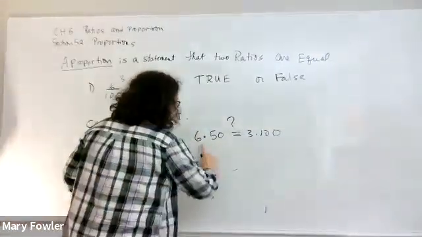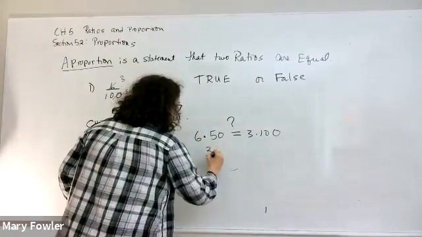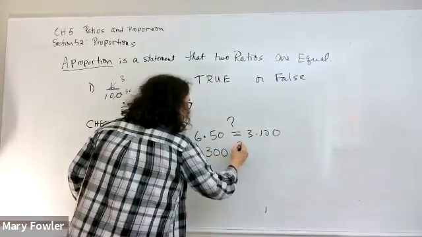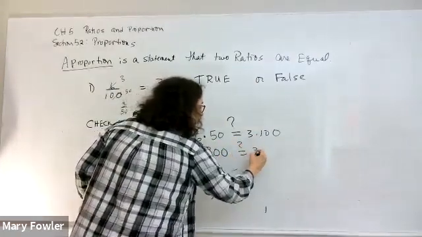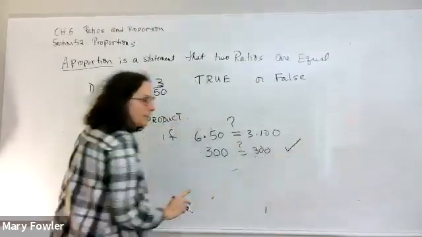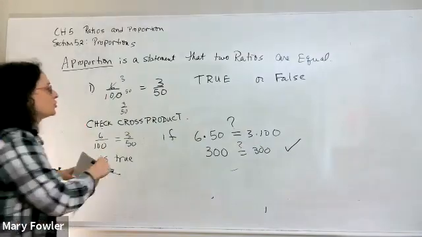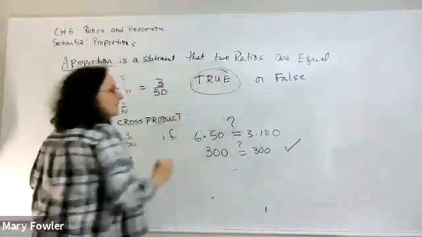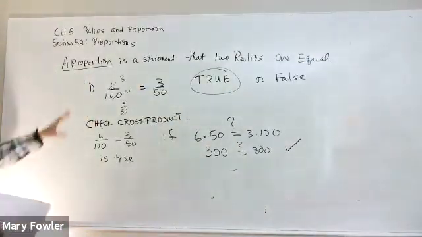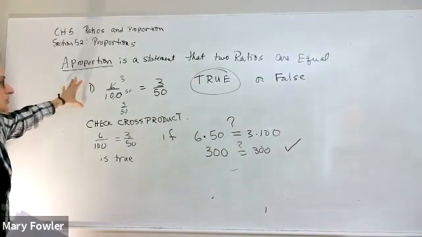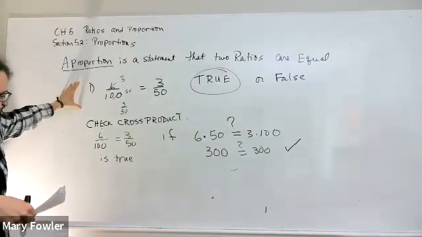So let's go ahead and figure that out. The left-hand side, 6 times 50 is 300. The right-hand side is also 300. So, yep, that worked. So we see two ways to show that this is a proportion: 6 over 100 equals 3 over 50.